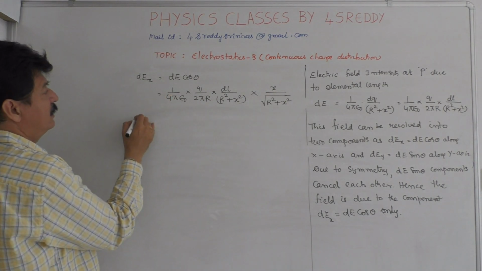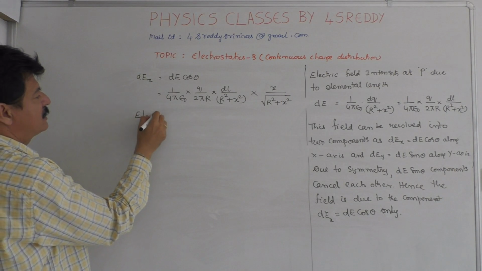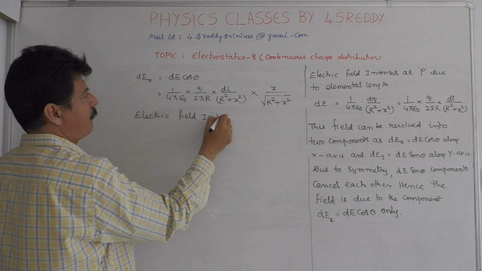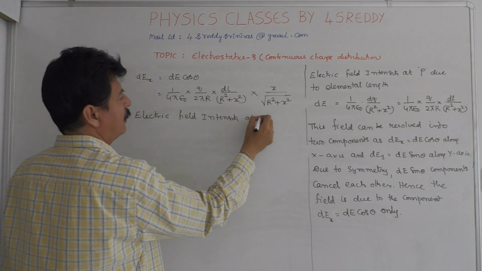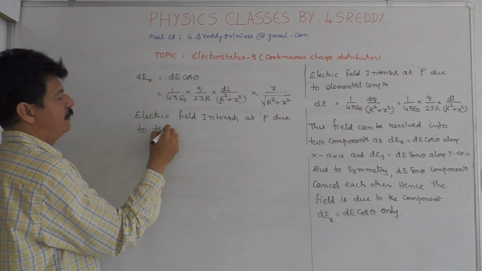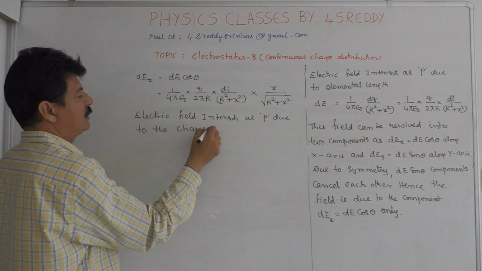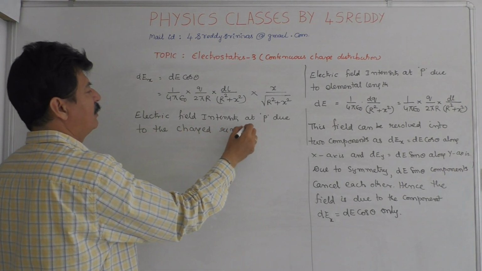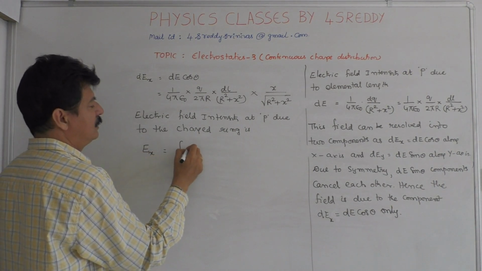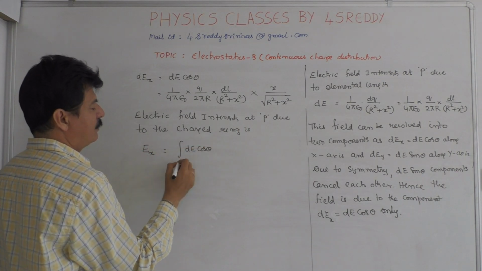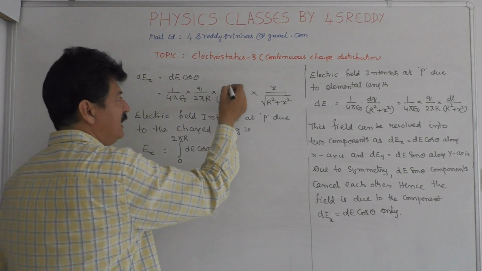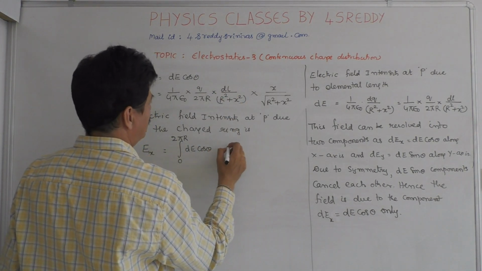Therefore, the electric field intensity at P due to the charged ring is given by Ex equals integral of dE cos theta from 0 to 2 pi R, because along the length only dl is variable, so the other quantities can be taken out as common.